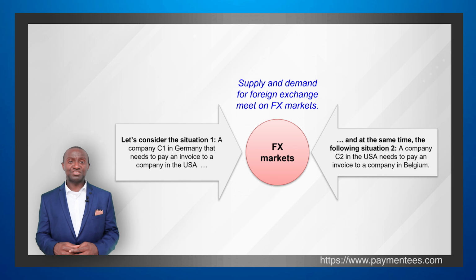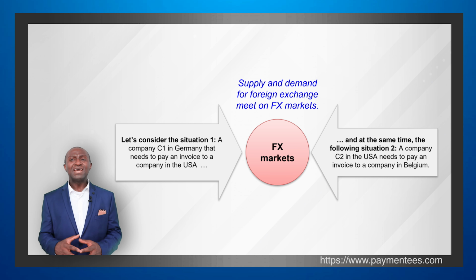The second situation is similar. The Belgian company wants to be paid in euro and the US company's bank accounts are in USD. The US company must therefore borrow euro in exchange for the USD that it has to pay the Belgian company. A currency exchange is also needed, and it is exactly the opposite compared to the first situation.